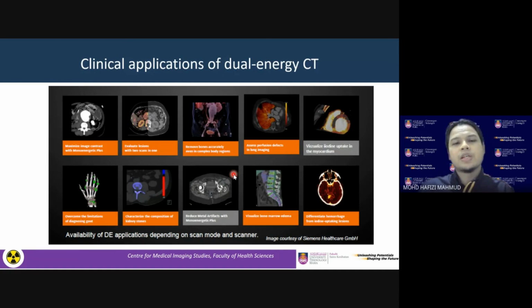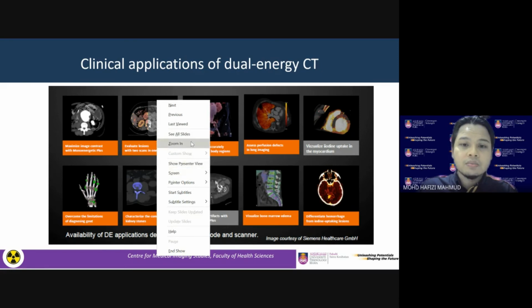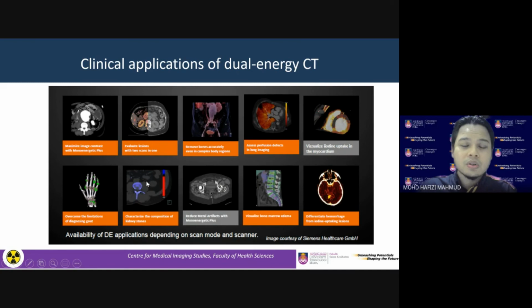These are some of the clinical applications of dual energy CT: monoenergetic imaging, lesion study, bone study, lung perfusion in lung imaging, iodine uptake, detection of metal artifact, and characterization of kidney stone composition, which I will focus on here.